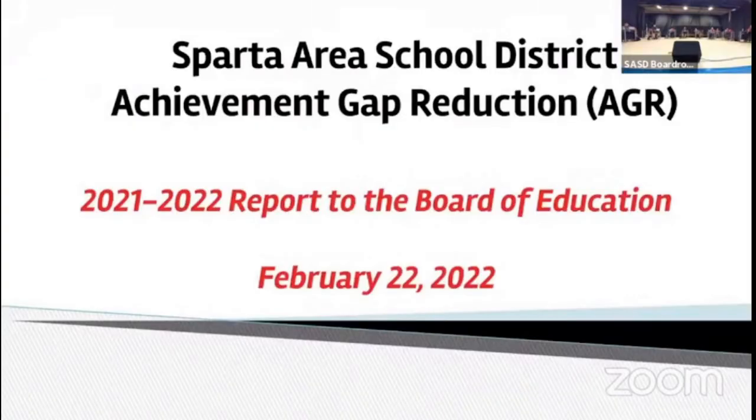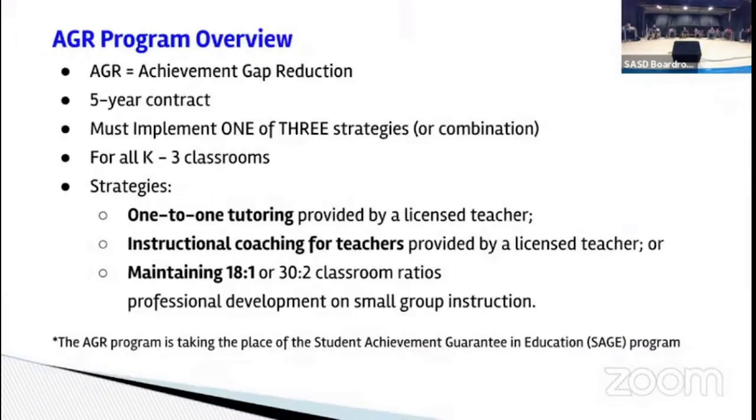So AGR stands for Achievement Gap Reduction. This is DPI mandatory reporting in February, to give you an update on where Southside, Cataract, and Herman are in the AGR report. It's a 5-year contract.